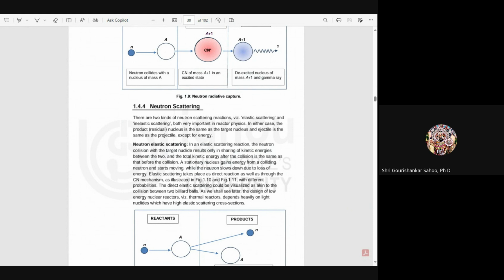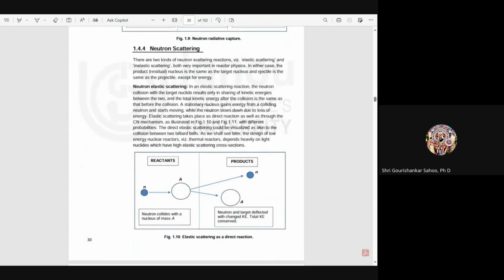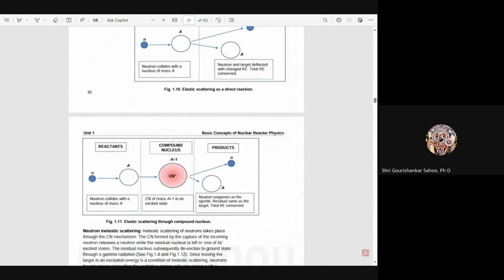Then neutron scattering. In neutron elastic scattering, a neutron collides with a nucleus of mass A and the products will be A and n in a different direction. And here the total kinetic energy is conserved.